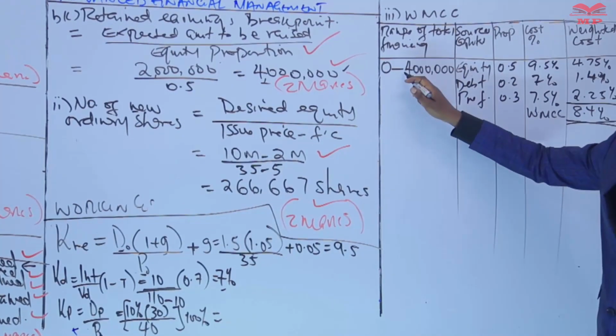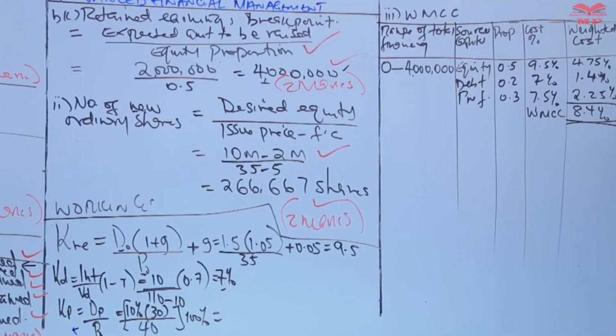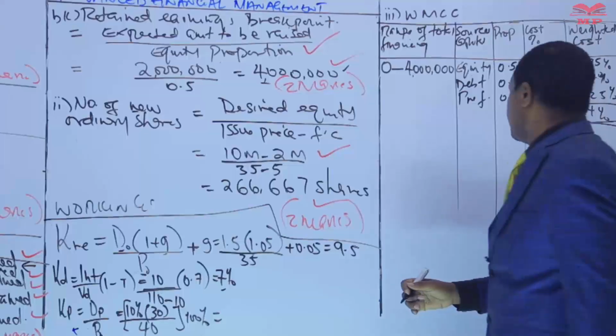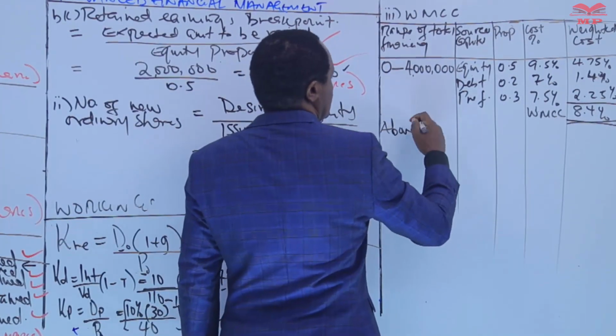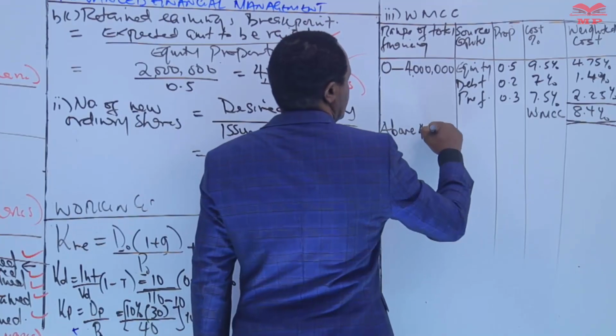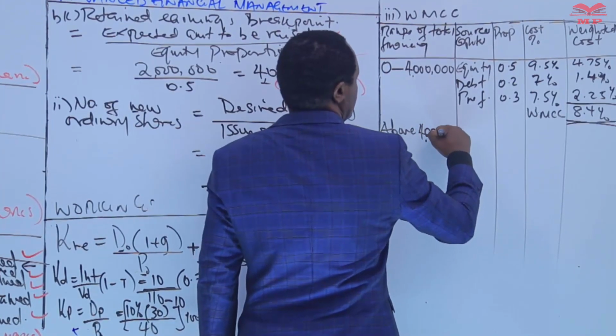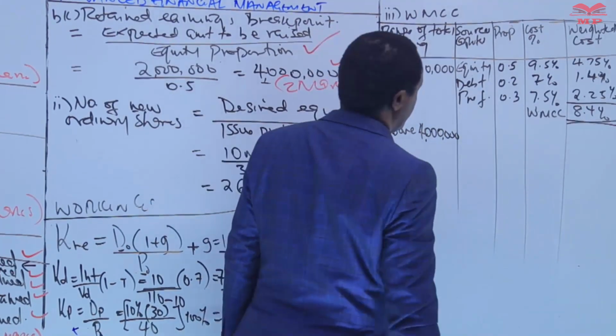Range 0 to 4 million. Then the next range will be above 4 million.